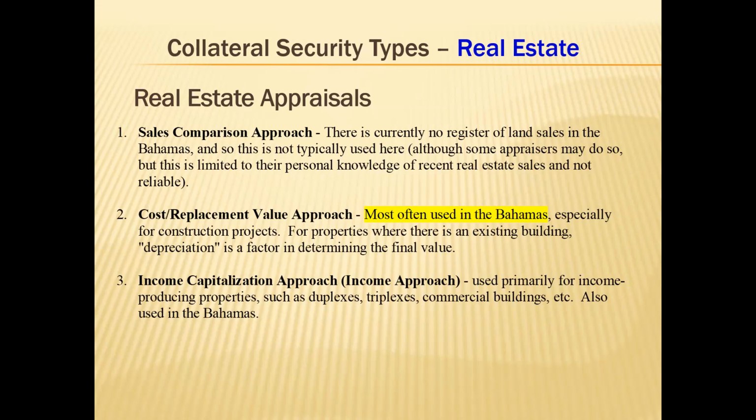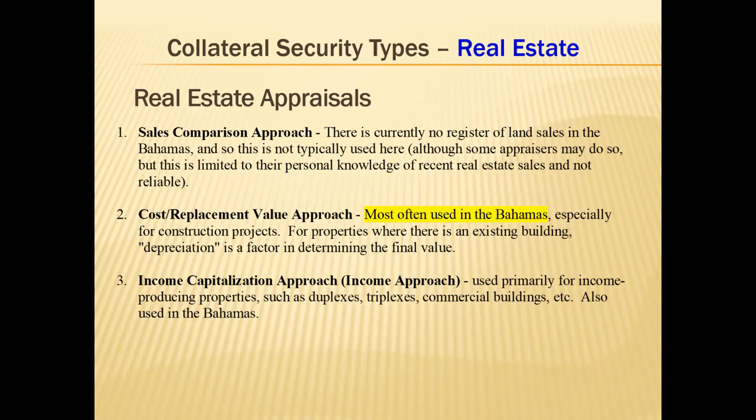Okay, so unless it is absolutely totally forbidden, you would definitely have the sales comparison approach and the cost replacement value approach in all of your appraisals. The ideal is to have the three of them represented. Okay, any questions on that?